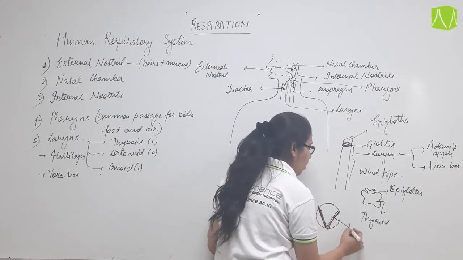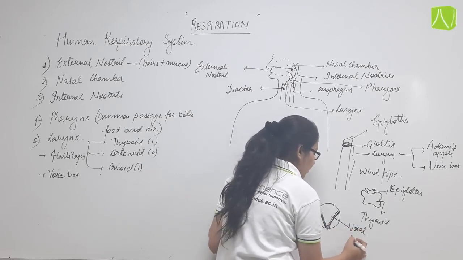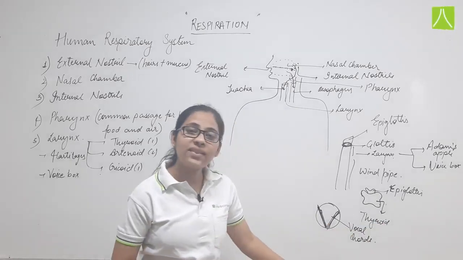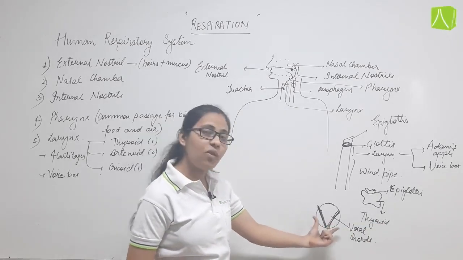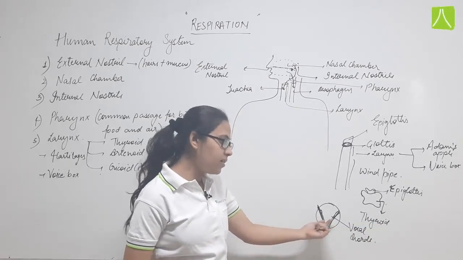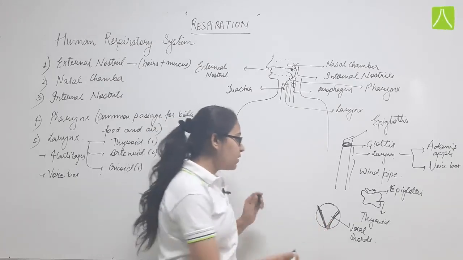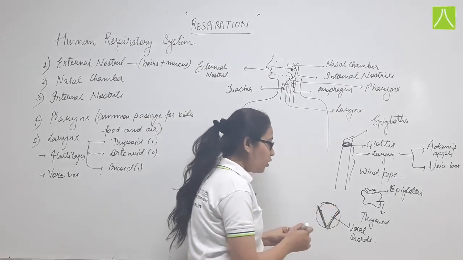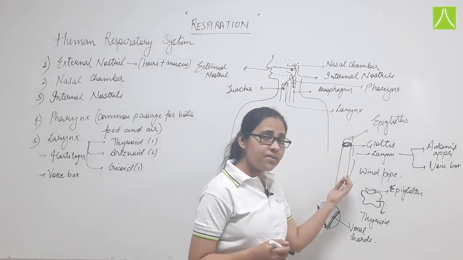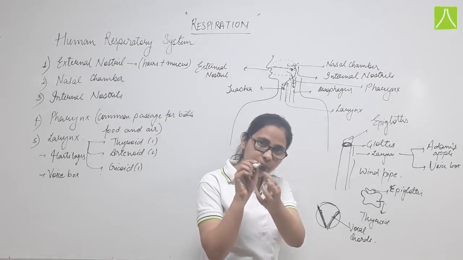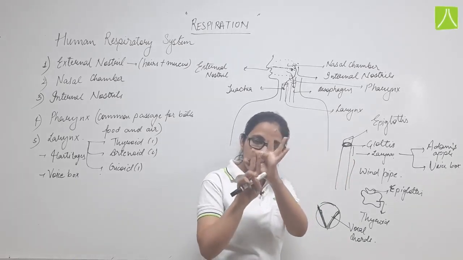This is the opening of the larynx, the windpipe, which is like a pipe, and it has 2 vocal cords like this.